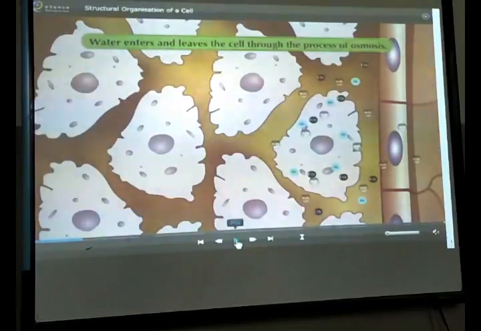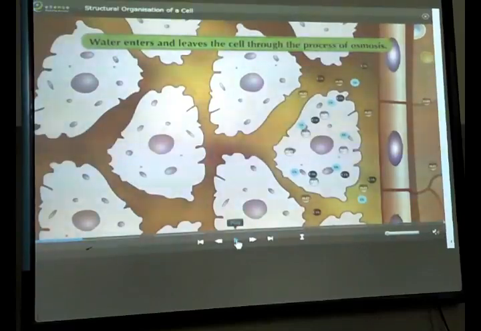See, water enters and leaves the cell through the process of osmosis. So carbon dioxide and oxygen are exchanged there through the diffusion process, and water, you may say liquid form, some materials enter the cell through the process of osmosis. So how it takes place there, you can understand through this.